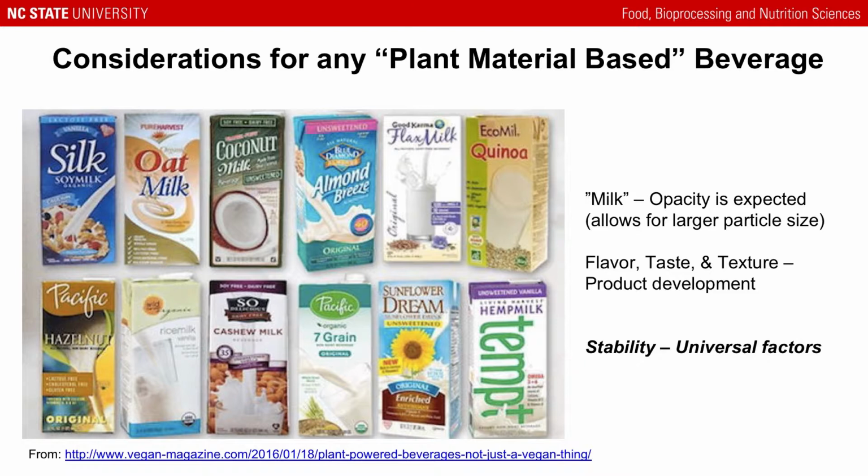But anyway, I think the cow has already left the barn on that one, shall we say, because people already view them as milks. But the idea with a milk type thing is that opacity is expected, which is good because it allows for the particle size. But then we get to our universal challenges with stability. I got this nice image from some product, and I'm sure there are many more on the market too.